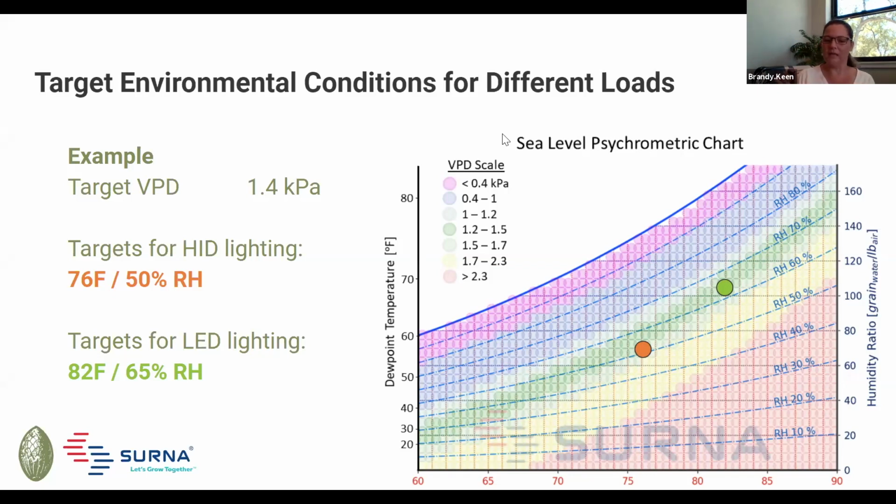We can stay in the same vapor pressure deficit, but go to a much higher temperature or a much higher humidity set point, which means that the equipment that we're using to remove sensible and latent heat from the room is going to perform a lot more efficiently than it does at the lower set.